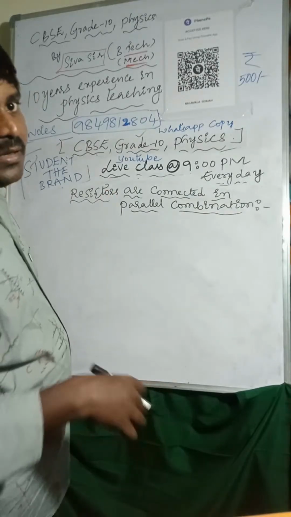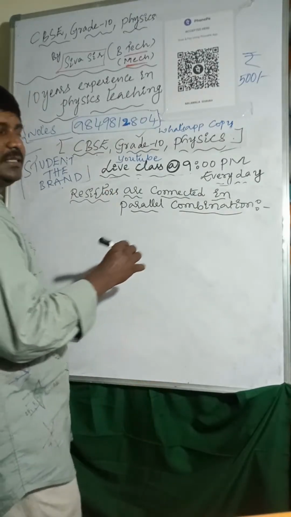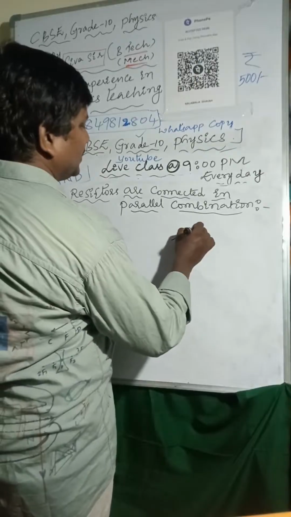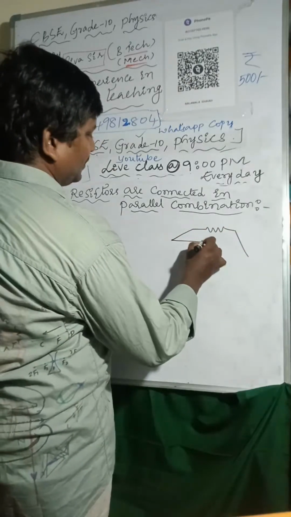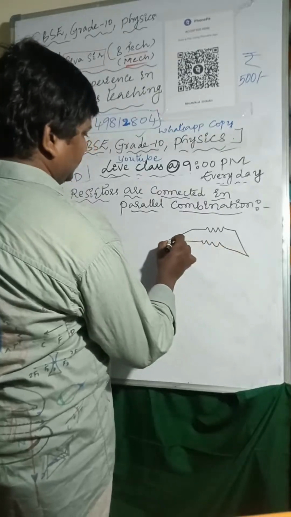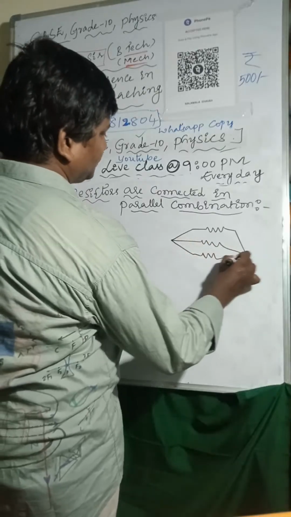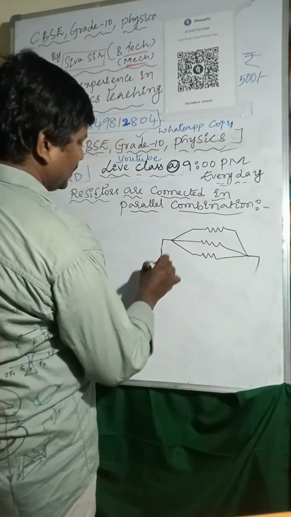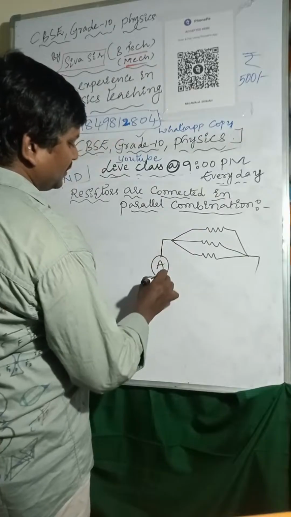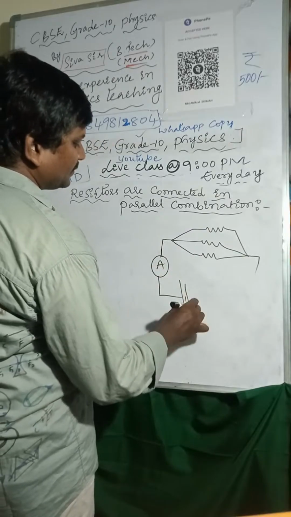Now I'm going to the resistor. So this is one resistor like this, another one. So this is the ammeter. Next one, battery.